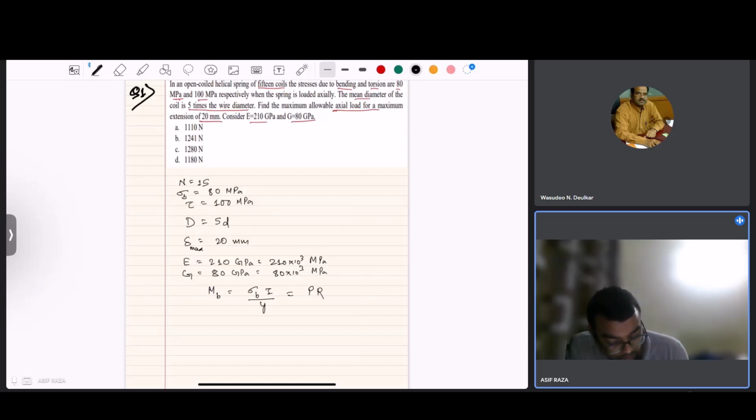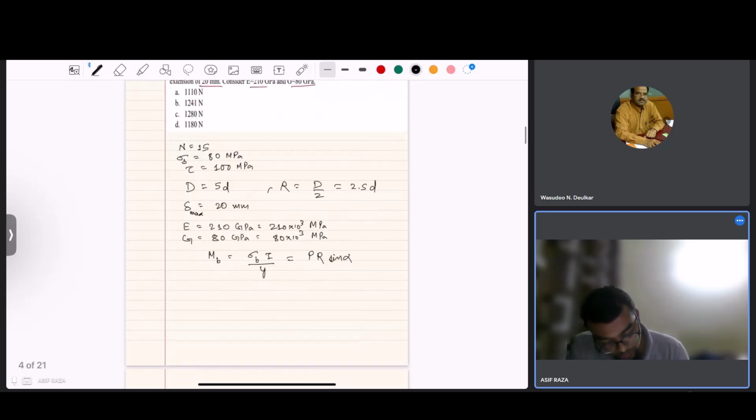So M is equal to PR sine alpha, where R is D by 2, so this would be equal to 2.5 d. Now in this, sigma B is 80.